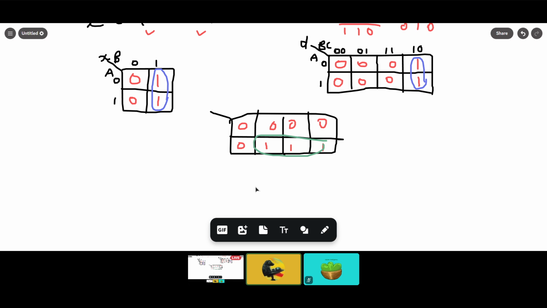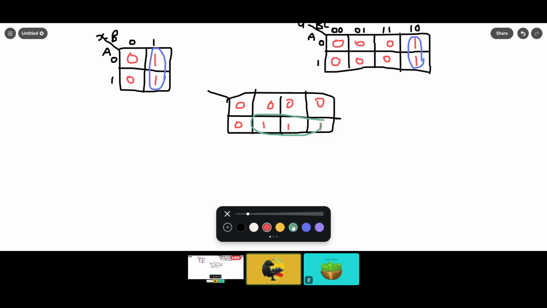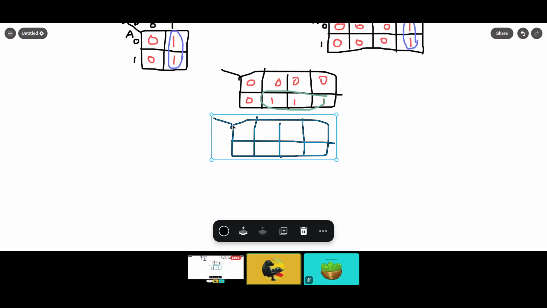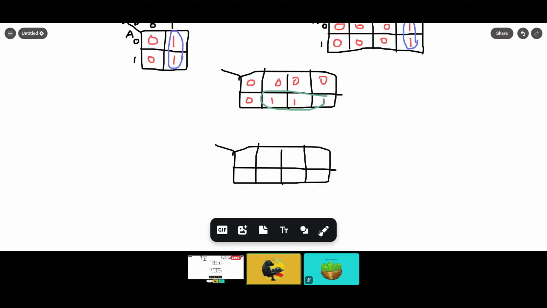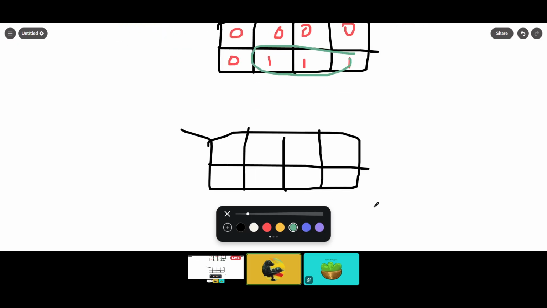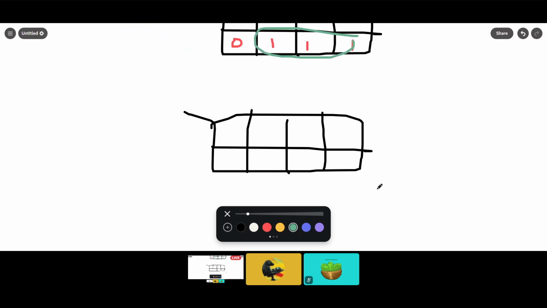The point is that with the groups, you can form a simplified expression. But in order to get a simplified expression, you need to group the ones in a way such that there are the least number of groups in the kmap.